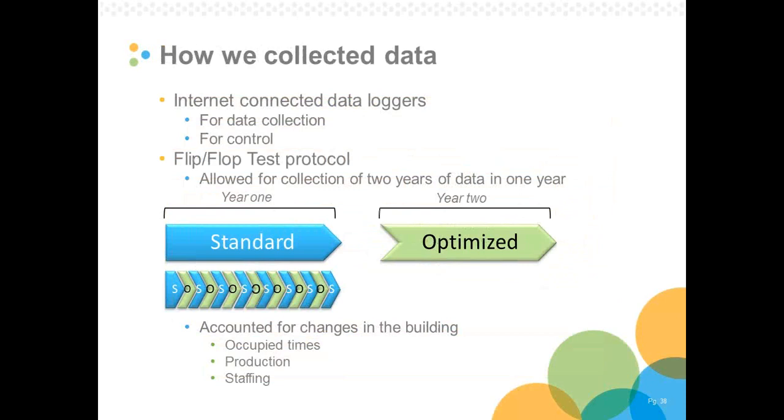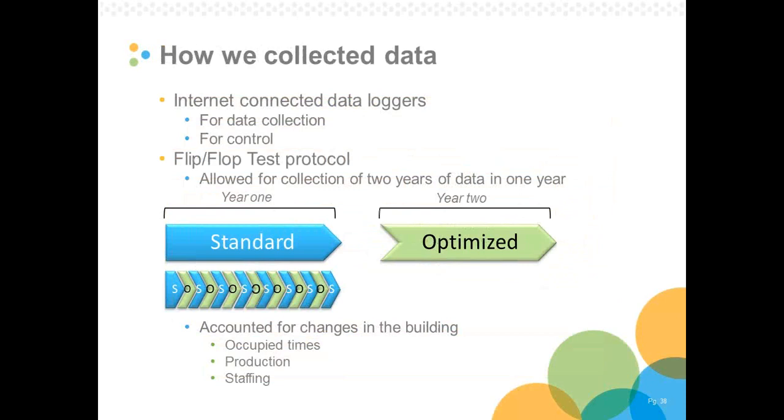In previous studies, we've seen a lot of people are doing the study of the building for a year to characterize the building, to understand how it uses energy, and then they implement the control optimization package and monitor that same building in the 2nd year to document the savings that were as a result of the optimization package.